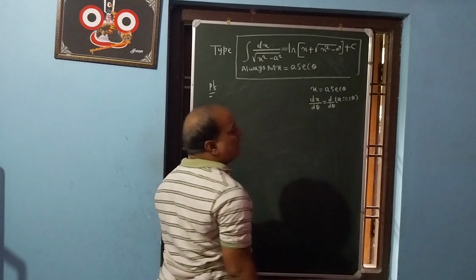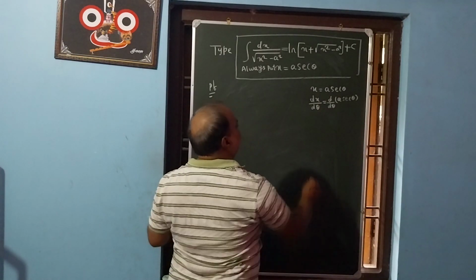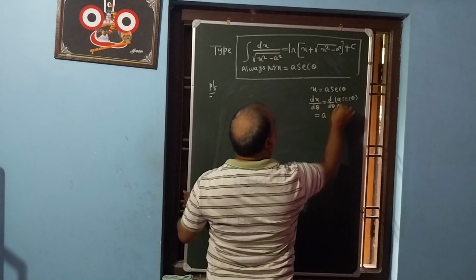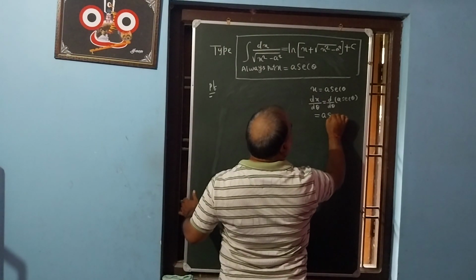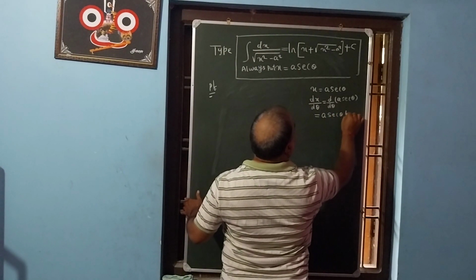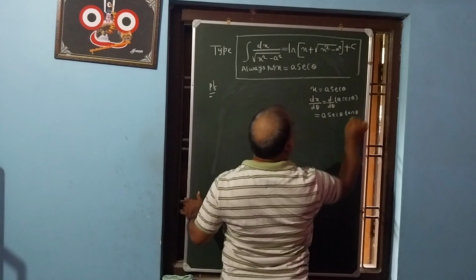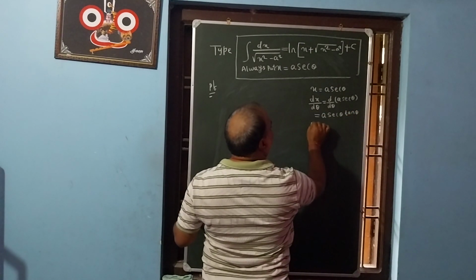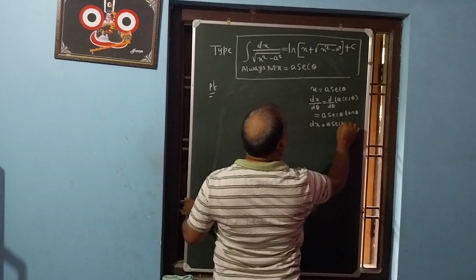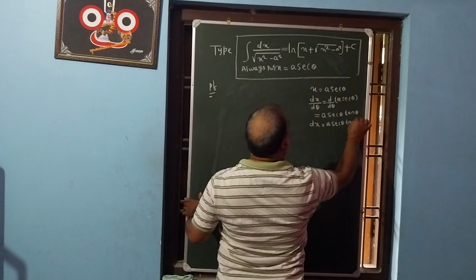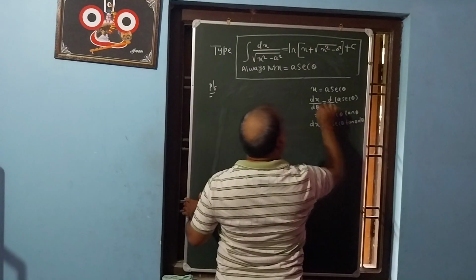So a is a constant that will come outside of the derivative. We know that the derivative of sec theta with respect to theta is sec theta into tan theta. So dx is equal to a sec theta into tan theta d theta.